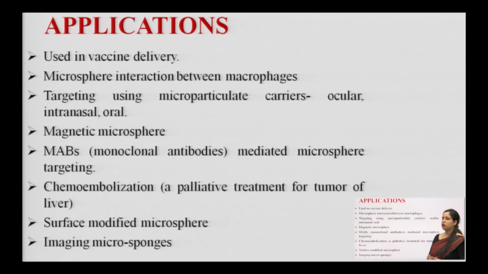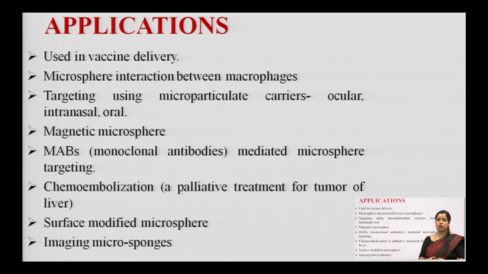So, applications are, it is used in vaccine delivery. A variety of applications are there in which microcapsules or microspheres have been used. Microspheres interaction between macrophages at the cellular level, targeting using microparticulate carriers like ocular delivery, intranasal, oral delivery has been achieved.